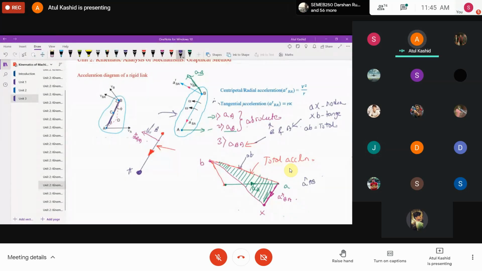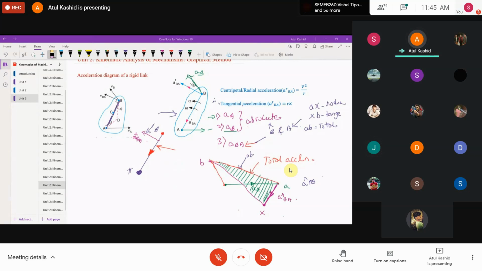And this radial acceleration, I'm assuming that I'm knowing it, because we know radial component is given by v square upon r, and we can calculate this radial acceleration. I've assumed that I know the radial acceleration, right? And calculating the magnitude by using this formula v square upon r, I have fixed the point X, right? Don't worry about that. We'll cover that in the numericals, then you will understand. Okay, sir. So magnitude was known, that's why I fixed the point X.